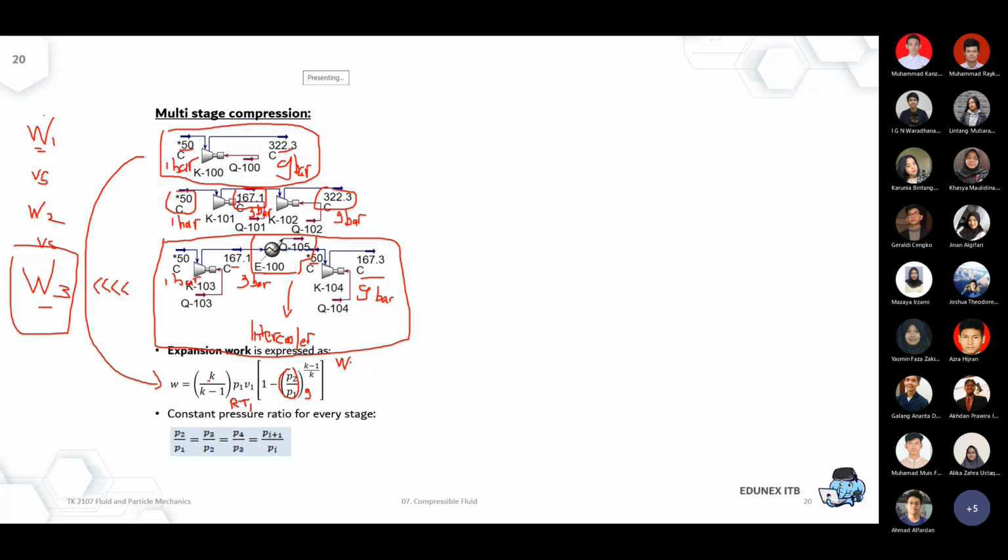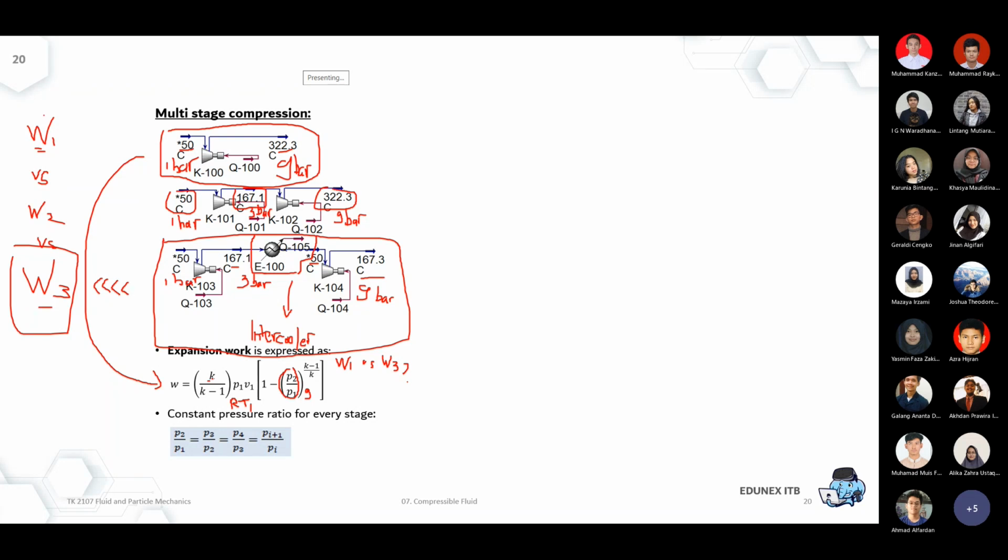What's the difference between the first approach versus the third approach? Are we working with the same fluid that has the same K or gamma? Do you think the gamma in the first approach and the third approach will be the same or not?